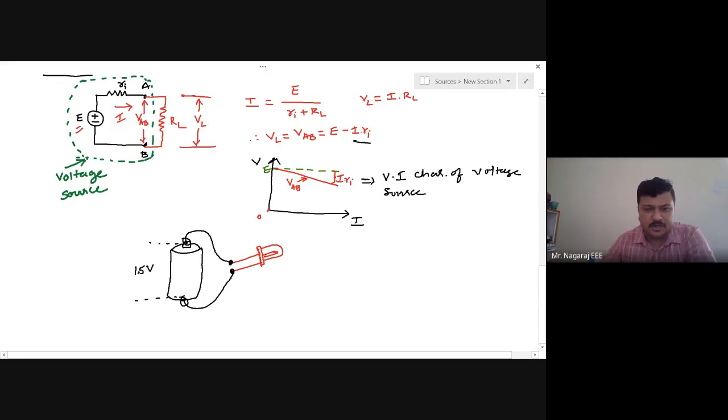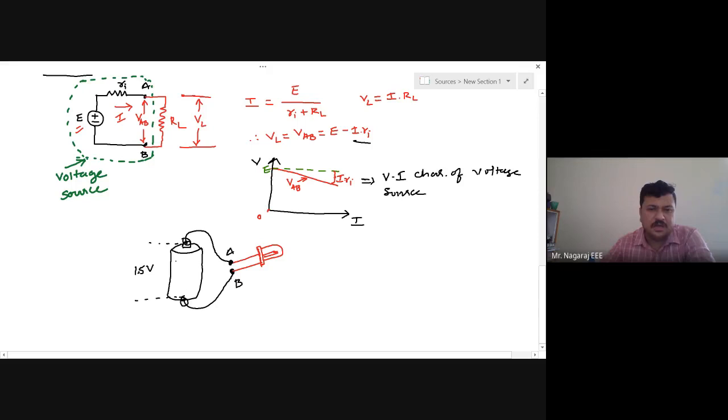So for my LED here, everything to the left of the AB terminal is a source for me, and the LED is a load for me. The voltage available across AB is obviously lesser than the voltage available in the battery.